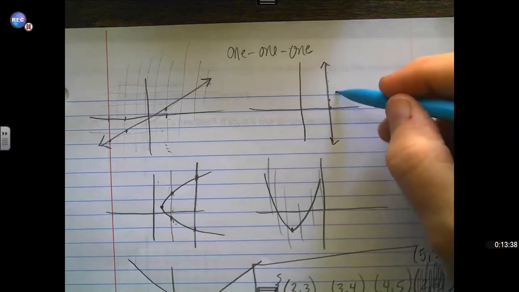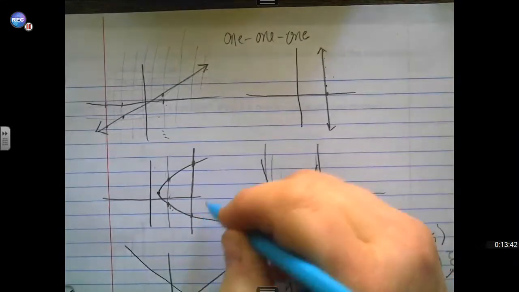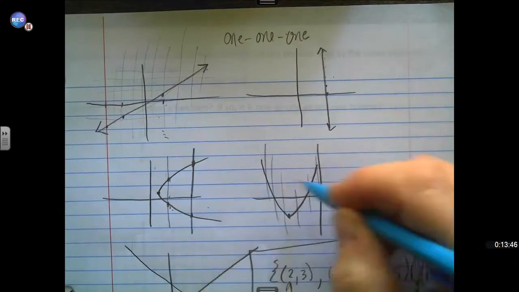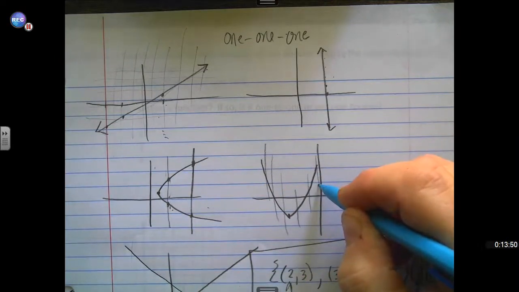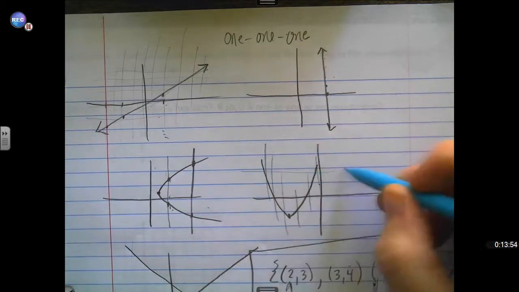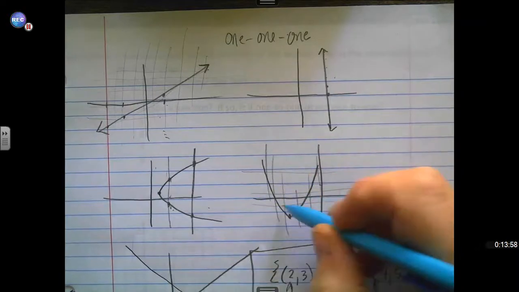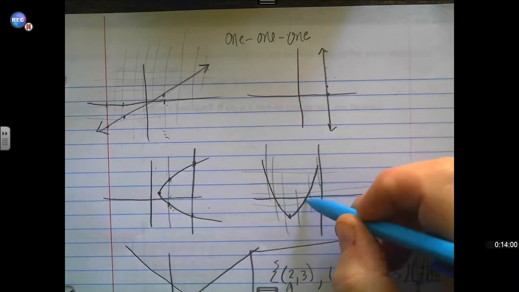This is not a function, so we don't care whether or not it's one-to-one. This is not a function, so we don't care whether or not it's one-to-one. This was a function, so we do care whether or not it's one-to-one. And it is not, because as I imagine those horizontal lines going through, they cross twice, right?